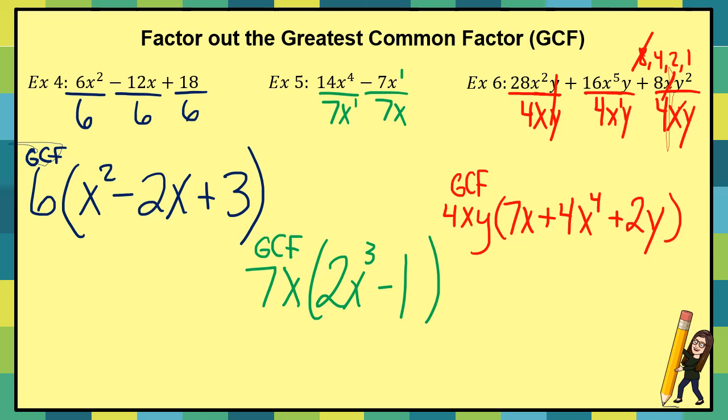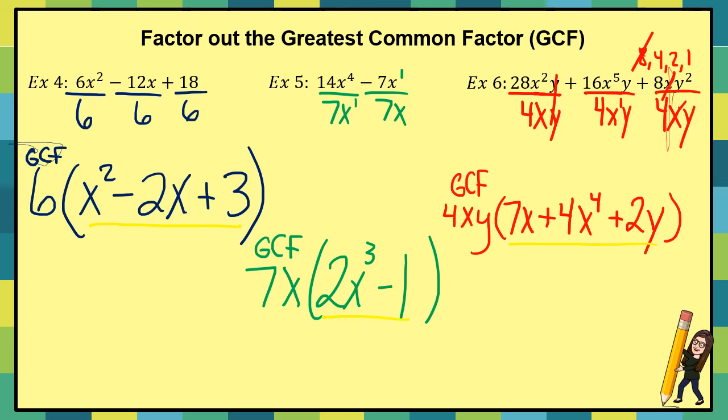Now when you look at these answers, here's how you can kind of sort of self-evaluate how you did. When you look at your polynomial, meaning what's in parentheses, if you can't take anything else out, you're probably in a good spot. Like if I look at the blue one, example 4, there's no other x's I could take out of all 3. There's no other common number. In the green, example 5, that's a single term of 1, so there's nothing else I could take out.